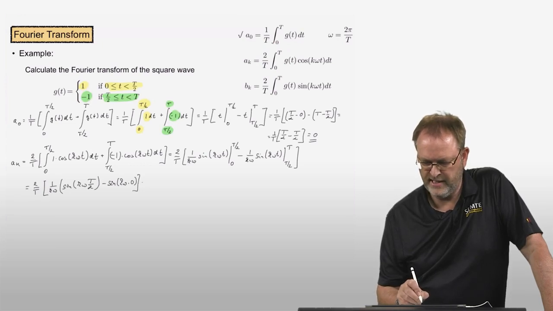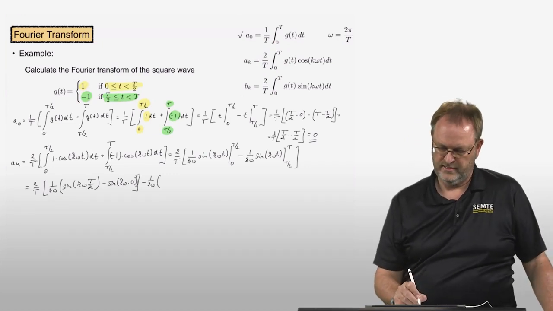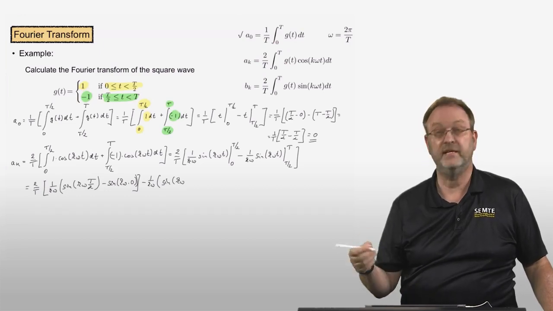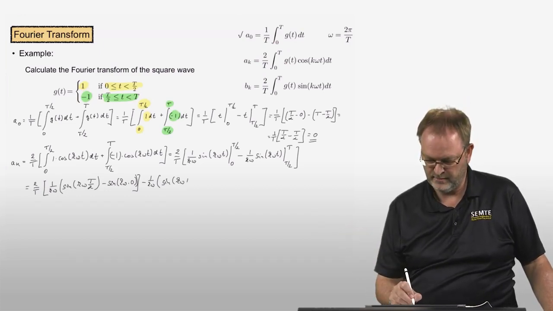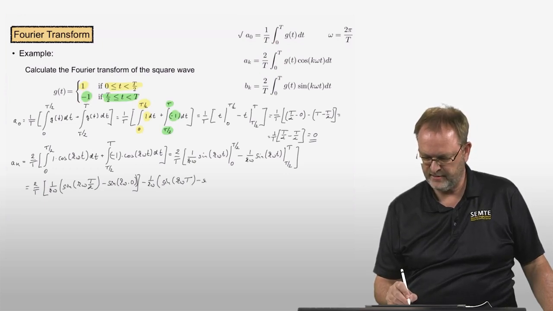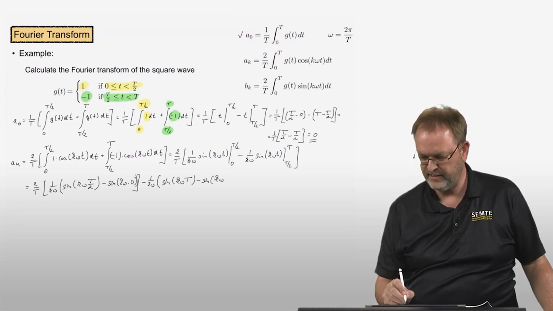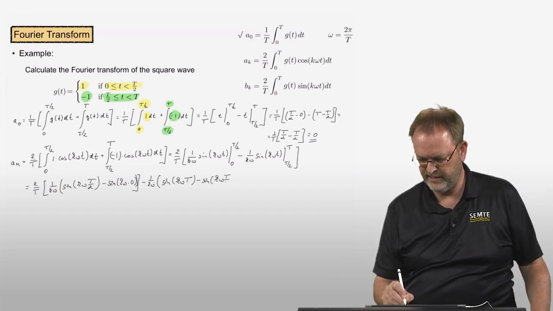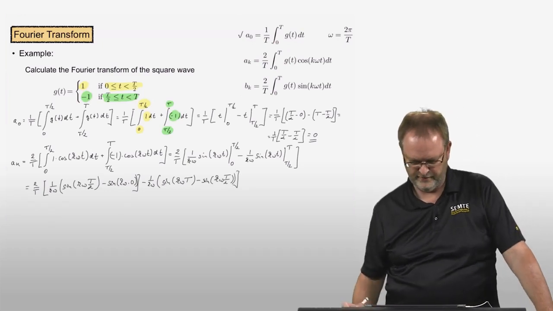Then we have minus 1 over k omega times the sine of k omega t, upper bound is the period uppercase t, minus the sine of k omega times the lower bound, that's t over 2, t divided by 2. Okay, so then we can close all of these.